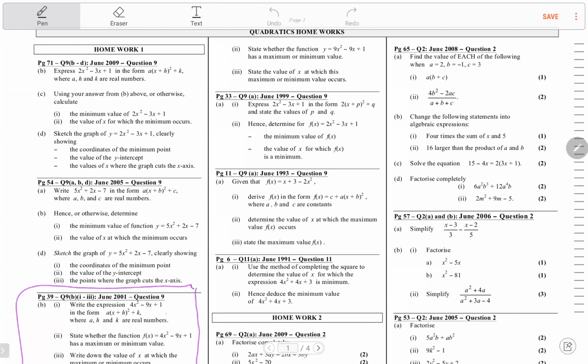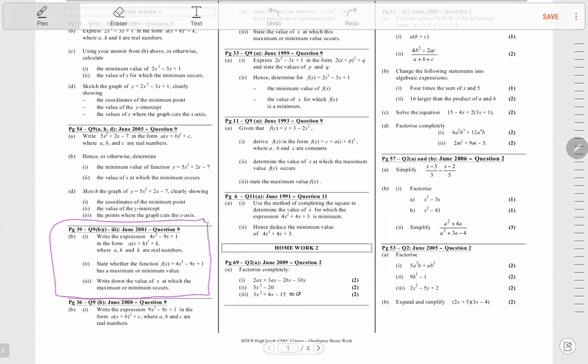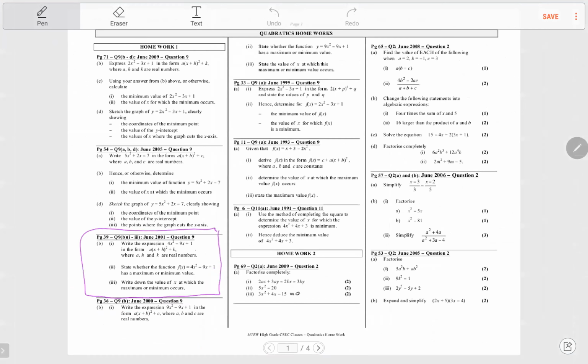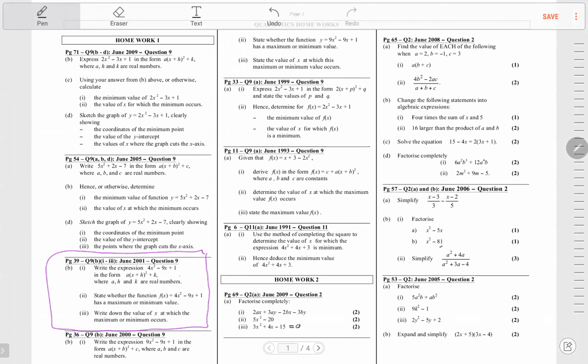Alrighty, so it was homework number 2. All right, so let us do a couple of these questions just for good measure, for practice. We did the first one already. Let us see.